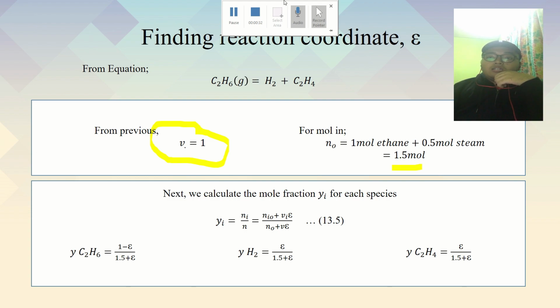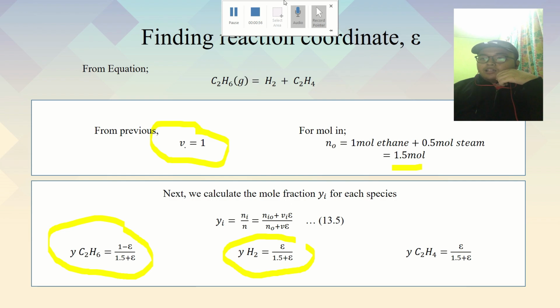The other part to find the reaction coordinate is we must know all the mole fraction formula for each species. Same as Dora, we find the mole fraction of ethane, which is this, the mole fraction of hydrogen gas, which is this, and lastly the mole fraction of ethylene, which is this.